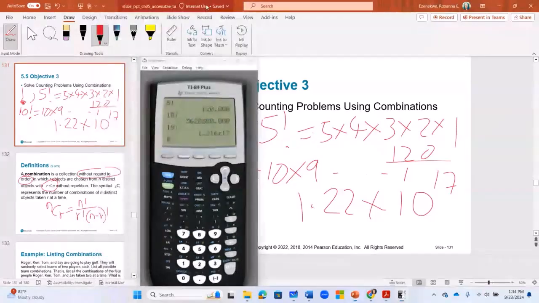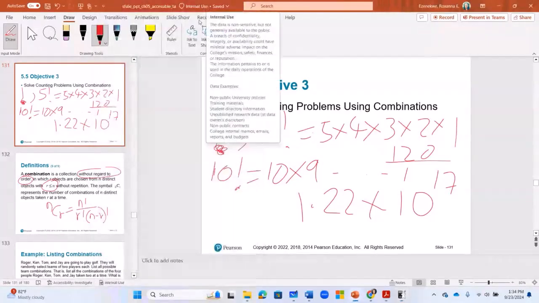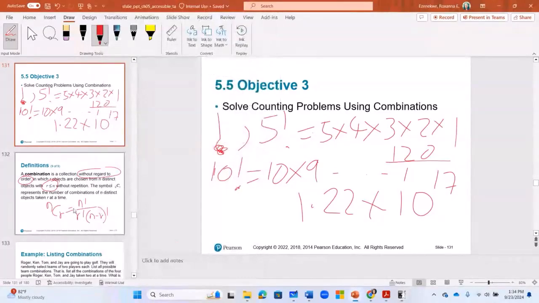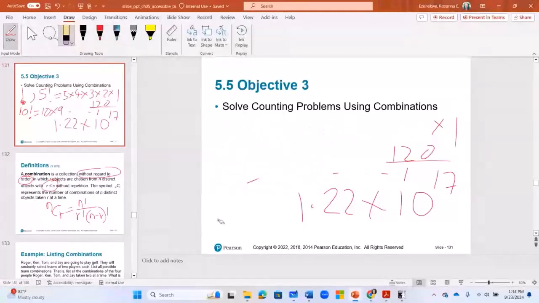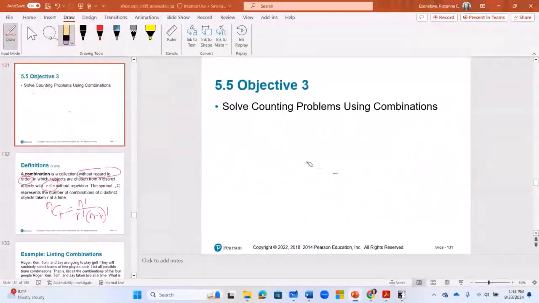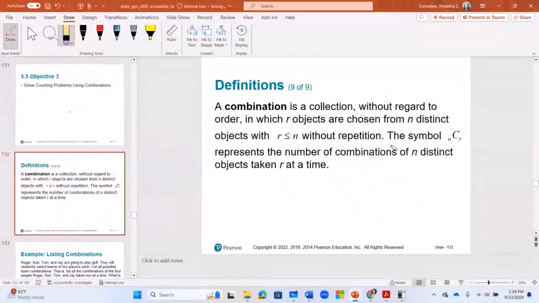permutation. So what is the definition of, okay, let's start. All right, so we're going to start with combination. We have already said that in combination, order is not important, without regard to order.